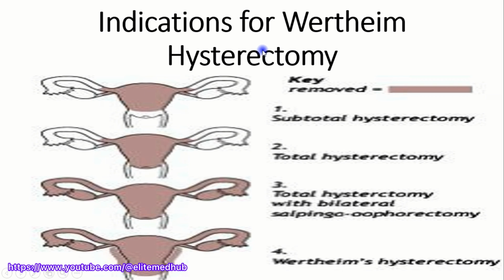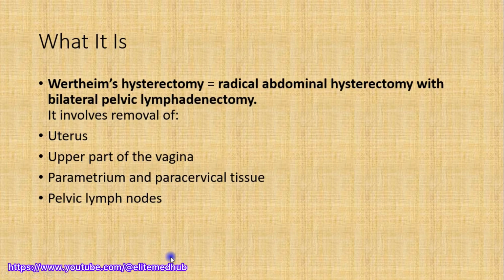Finally, we have V times hysterectomy, which we'll be looking at today, and is the total removal of the uterus, the cervix, the fallopian tubes, the ovaries, the upper part of the vagina, as well as lymph nodes relating to the uterus, and also surrounding anchoring structures of the uterus.